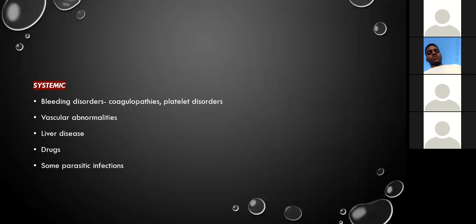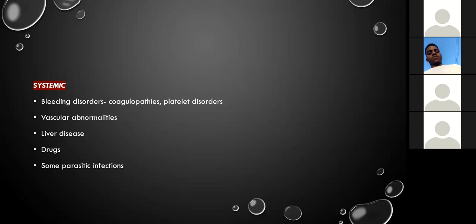Also, because of liver disease, where there is inability for the body to make clotting factors, these individuals could also end up with bleeding from the nose, just as they could have bleeding from elsewhere.